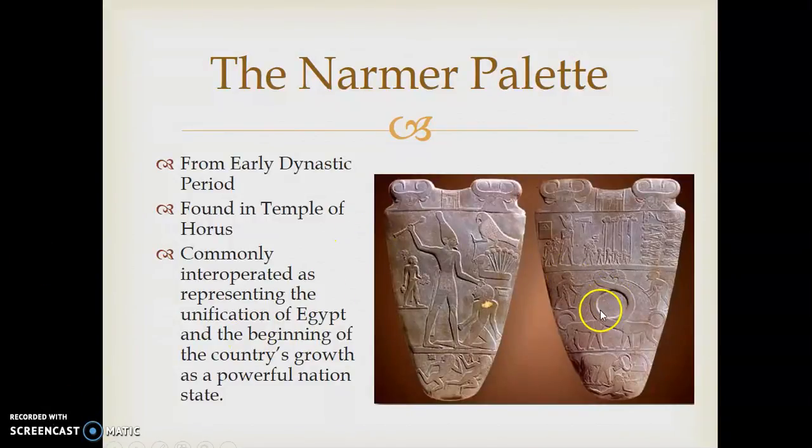If you see this area where the two lions with elongated necks make a recessed circle, it's where they would have kept the eye makeup that they used, basically like sunglasses.